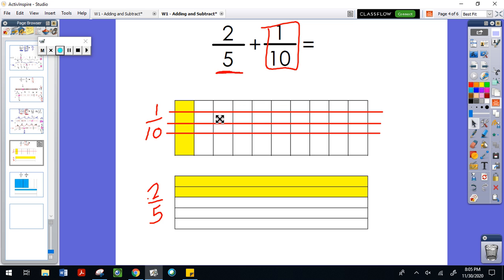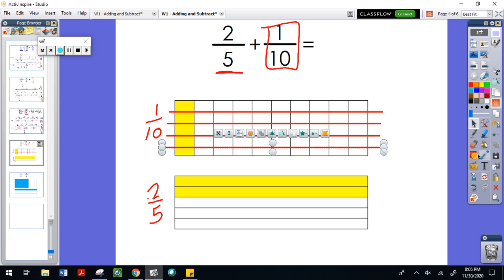And we want it to be as close as possible, but it doesn't have to be perfect. So if we look, we now have 1, 2, 3, 4, 5, which is that other denominator. Okay, now we have 2/5.